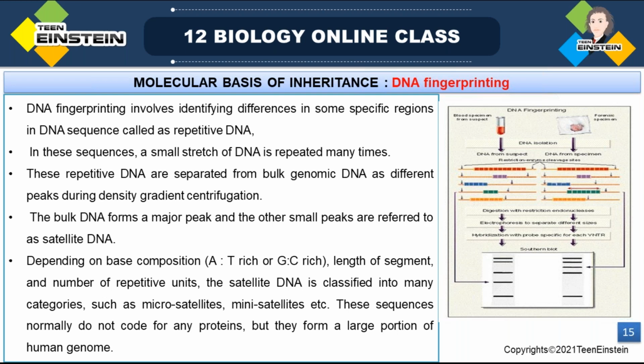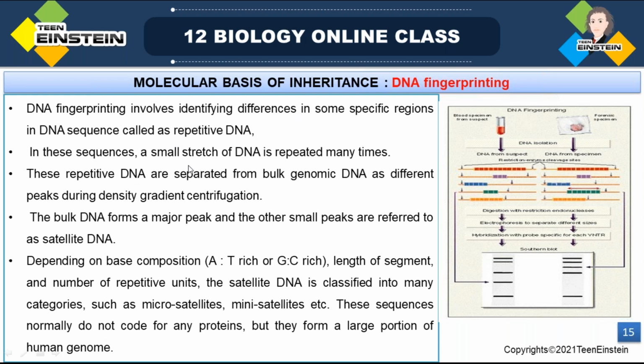Got it? An important point is that these sequences do not code for any protein. These repeating sequences, or satellites, do not code for any protein, but they cover the majority of the human genome. Fingerprinting involves identifying differences in specific regions of DNA called repetitive DNA.